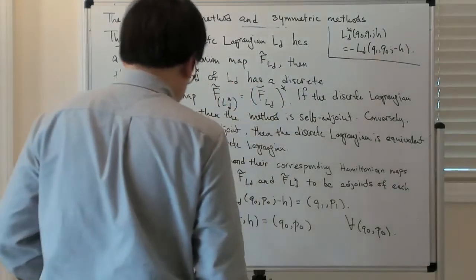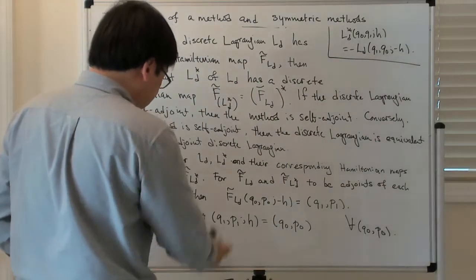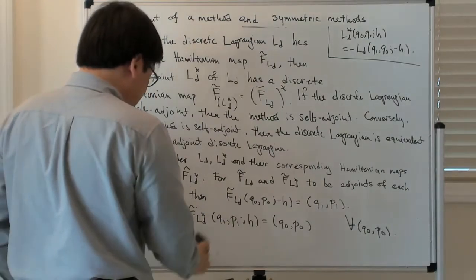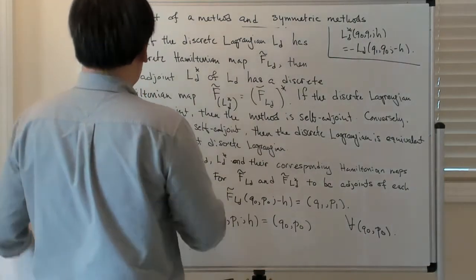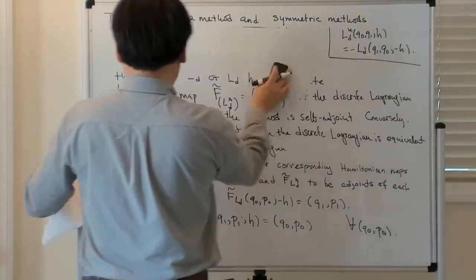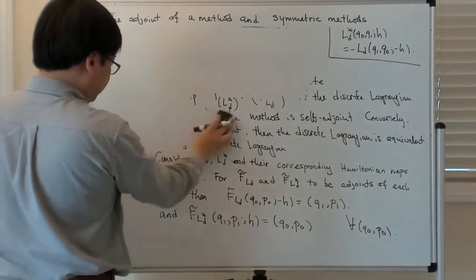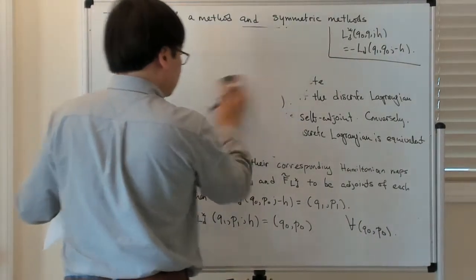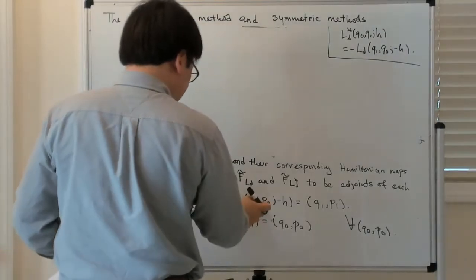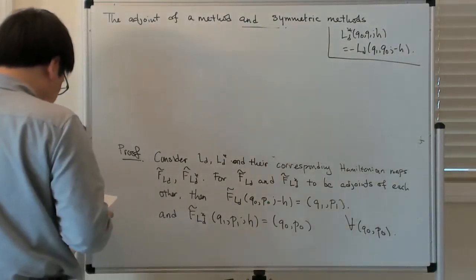So let's write down these conditions in terms of the generating functions. The statement of the theorem is perhaps fairly obvious, so let's not worry too much about it, and let's just see what the implications of these two statements are.